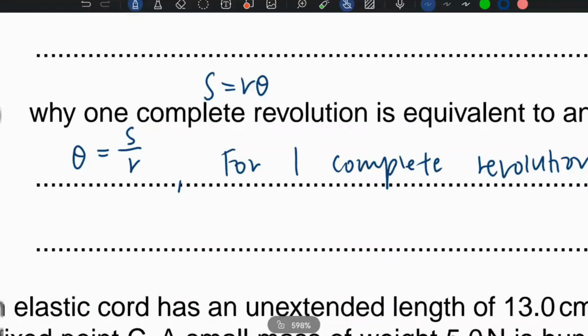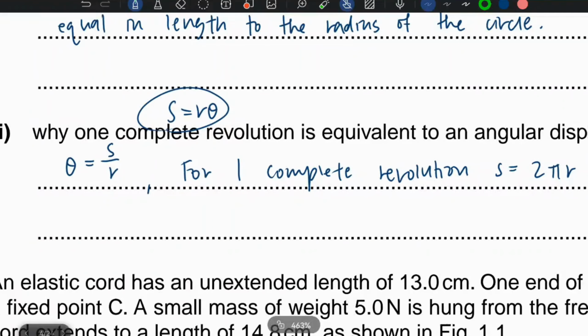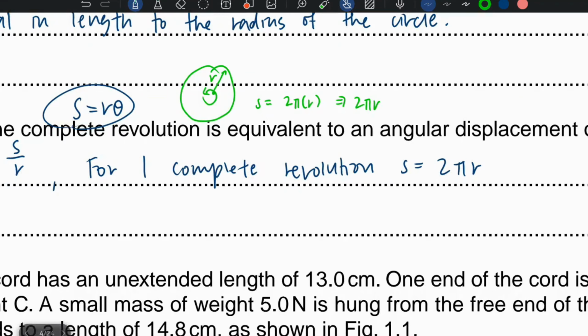Because S equals R theta. For one complete circle, your angle is 2 pi, and assuming the radius of the circle is R, you will get S equals 2 pi R. That is how I say that for one complete revolution, S equals 2 pi R.